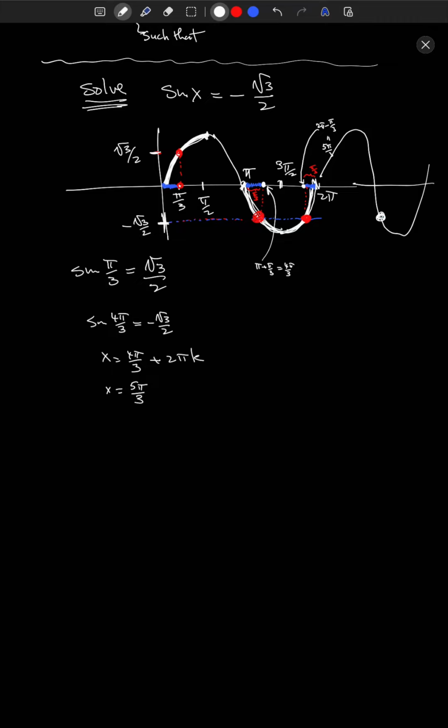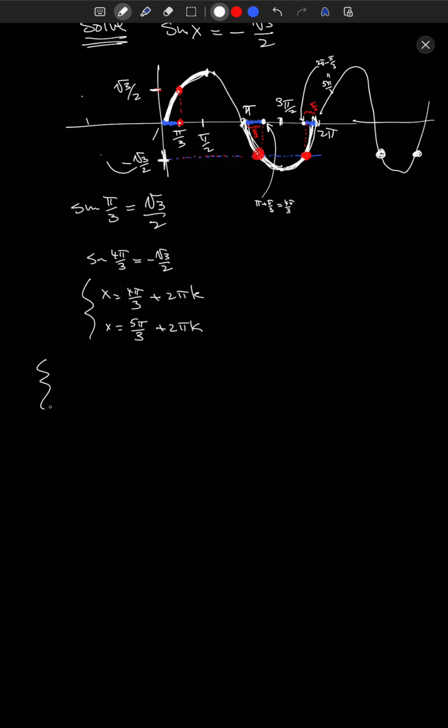And if I do plus 4 pi, that would be another one, the next hump, and so on. And then, of course, plus 2 pi for the other solution gives me that one, and so on. And when k is negative, I get the humps on this left side here. And so these are going to be my solutions.